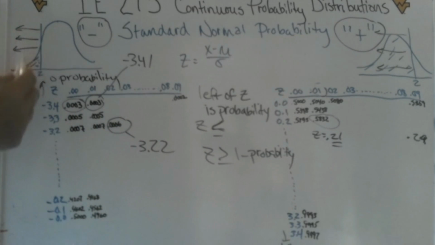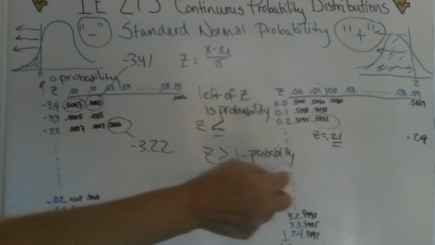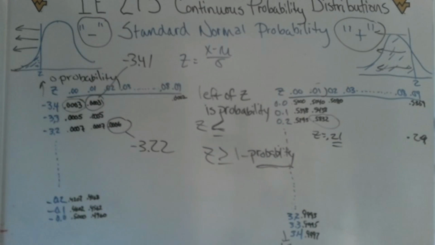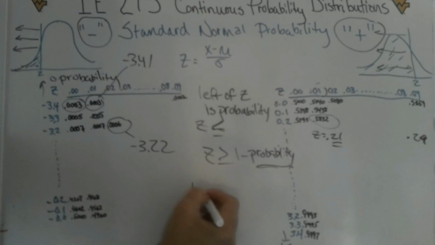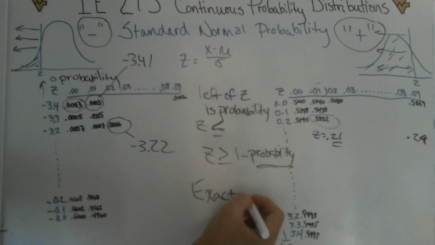If you ask for the probability that's greater than this, you need to do 1 minus. And remember, for continuous, it's infinite, so you can't get an exact value. You cannot calculate it; it's 0.